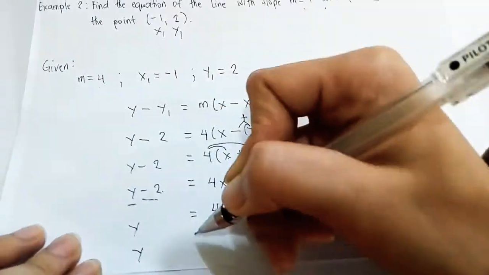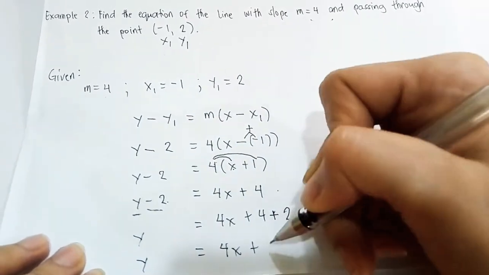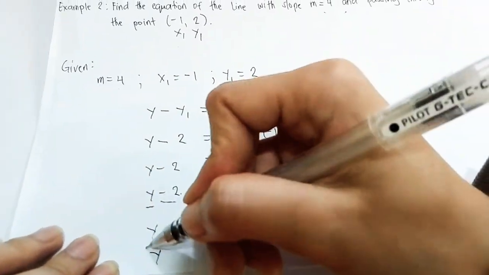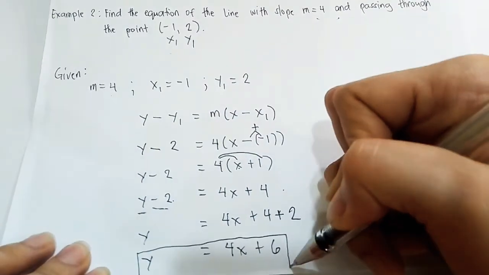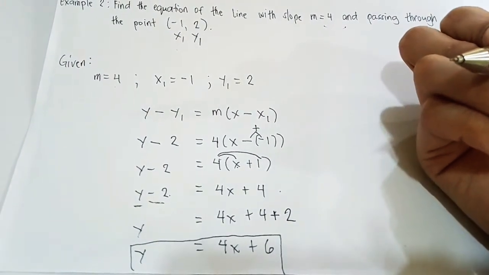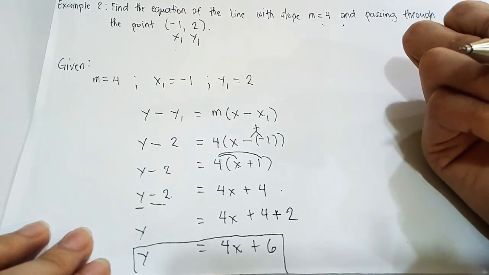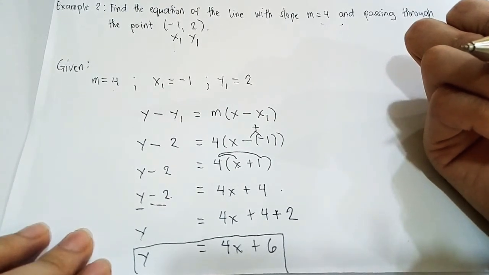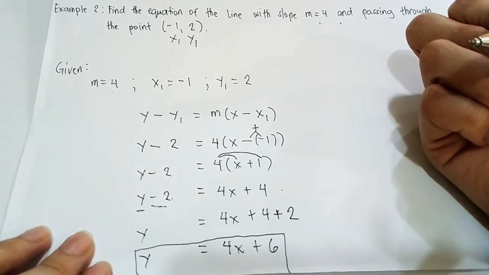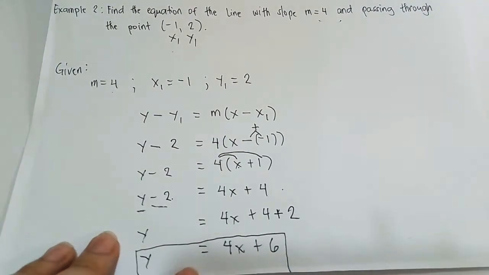We have y equals 4x plus 4 plus 2, that is 6. And this is now the answer. So the equation of the line, given the slope m, which is equal to 4, and a point with the coordinates negative 1, 2, is y equals 4x plus 6.